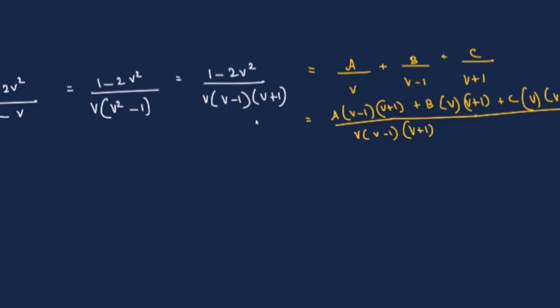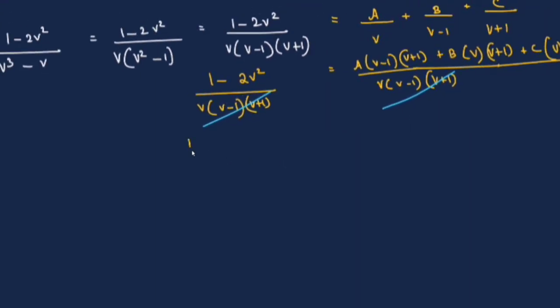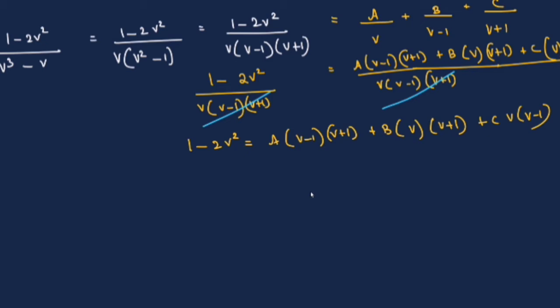The left hand side is (1 minus 2v square) divided by v into (v minus 1) into (v plus 1). Now you cancel the denominators. So 1 minus 2v square is A into (v minus 1) into (v plus 1) plus B into v into (v plus 1) plus C into v into (v minus 1).